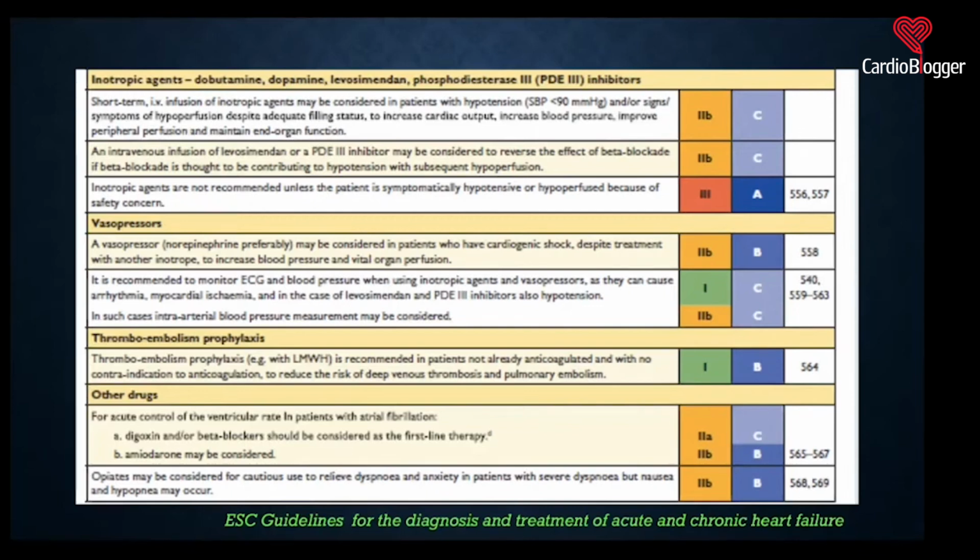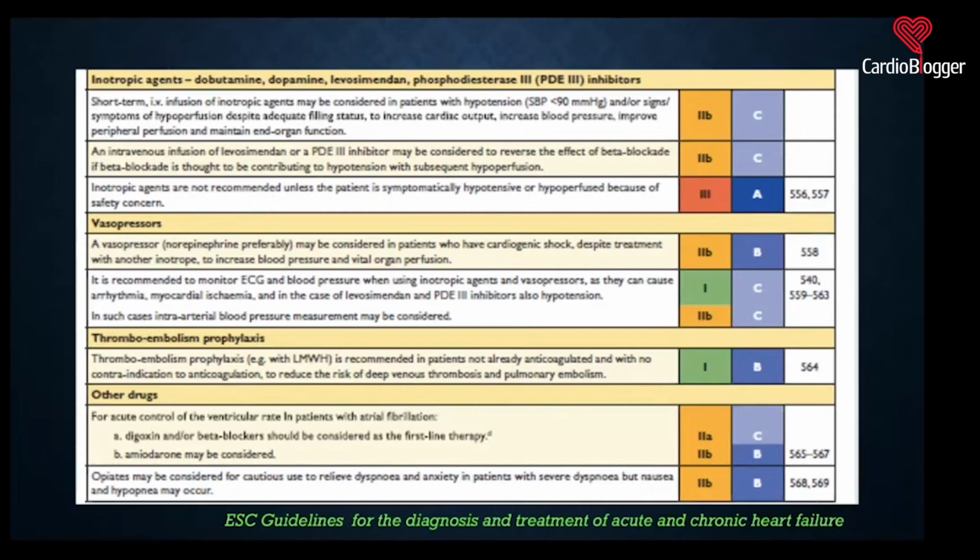Also, levosimendan was being used as a very efficient drug compared to dobutamine, because though the rate of atrial fibrillation was more, the chances of hypotension were less as compared to dobutamine. Also, if the patient was already on a beta blocker, if you have to give a drug, you should use levosimendan and not dobutamine in such cases.